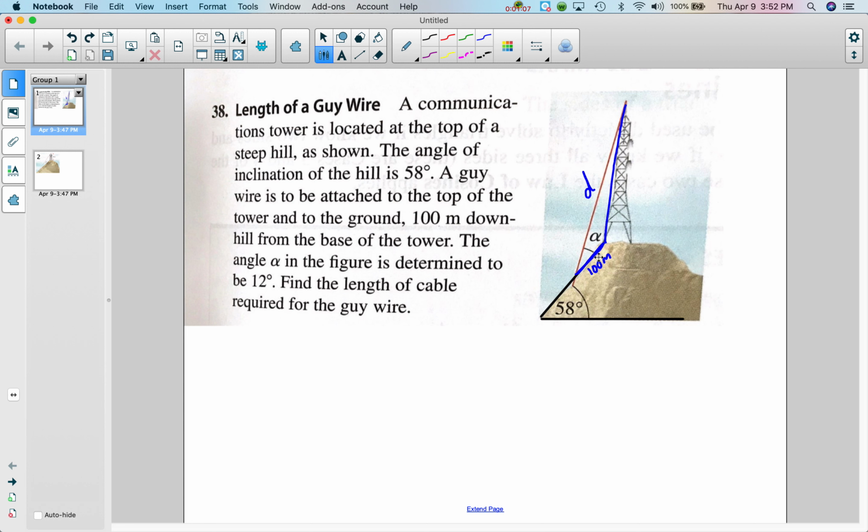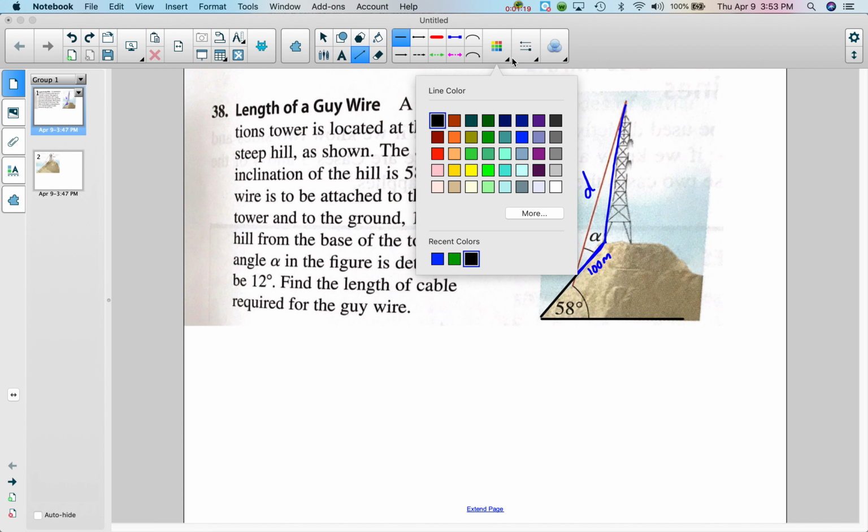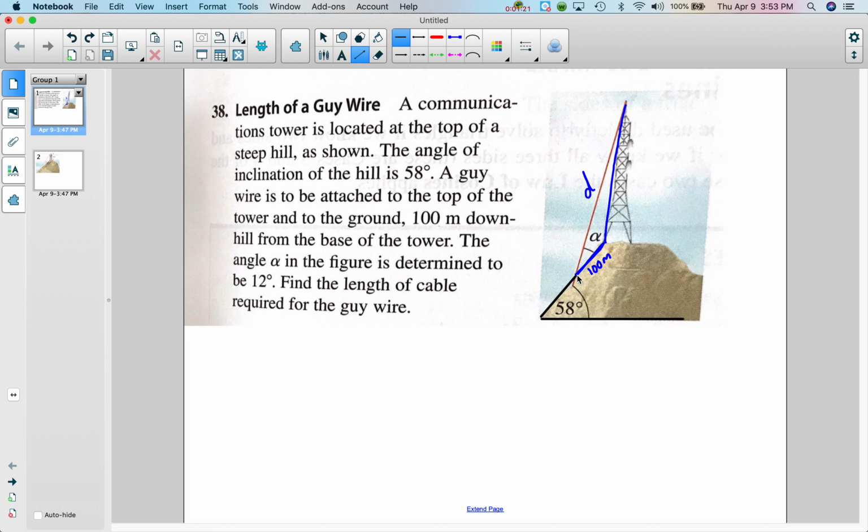So I want to find that. Think about how I'm trying to set up for the law of sines. Now, when they give you this angle down here, this 58 degrees, I'm going to add in another line across here. If I were to draw in parallel to this part down here, this angle is also 58 degrees because they're corresponding angles.